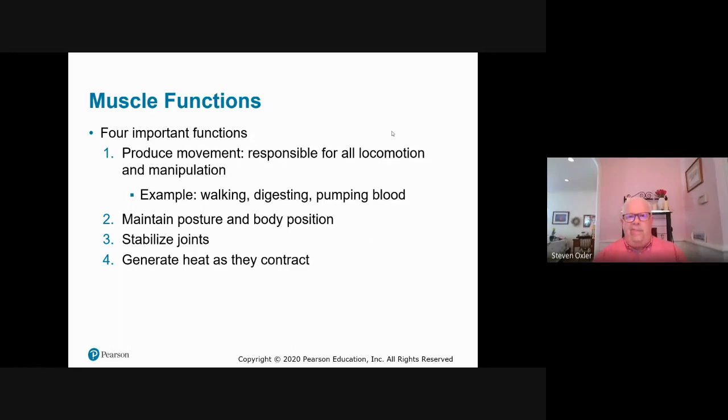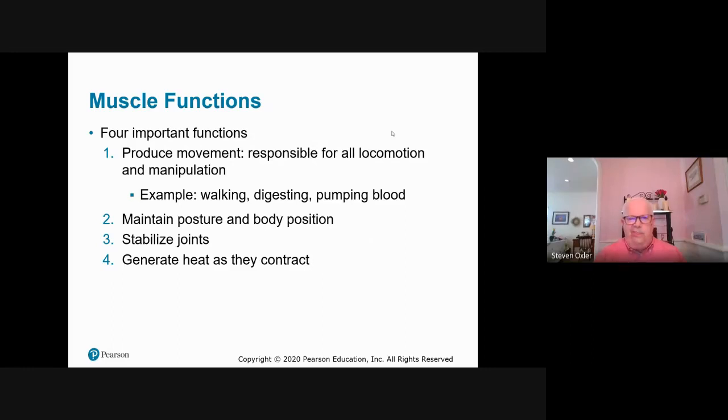Muscles have important functions. You know that they produce movement. Not only movement in walking, but also movement of blood. They pump blood. The heart and also the smooth muscle of your arteries pump blood. Also, there are smooth muscles in your digestive tract which move food.